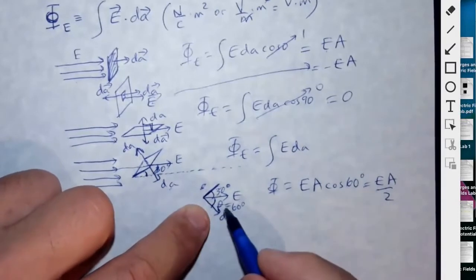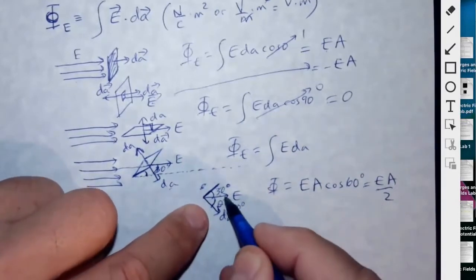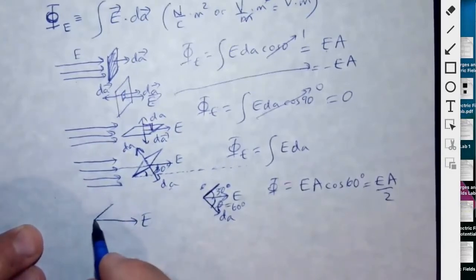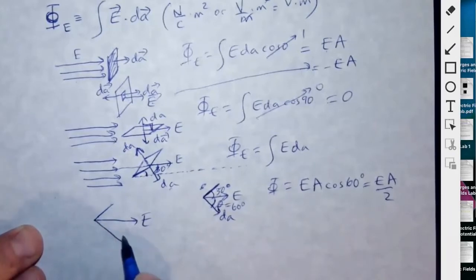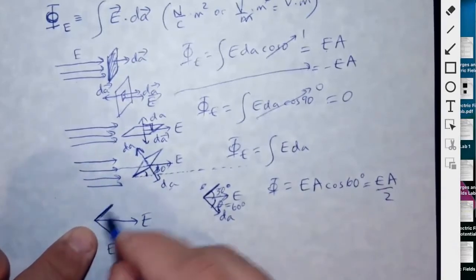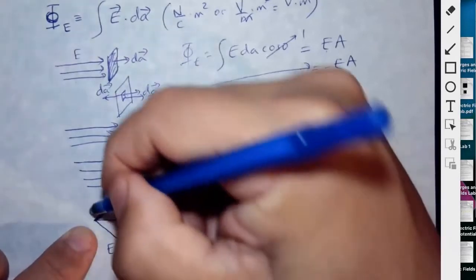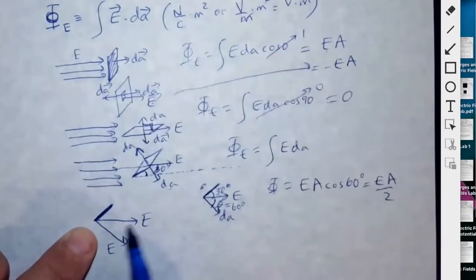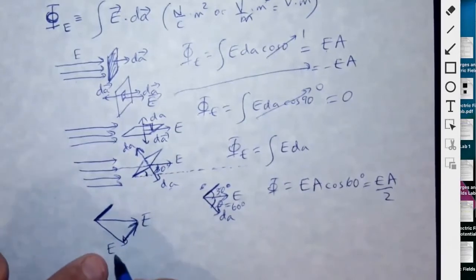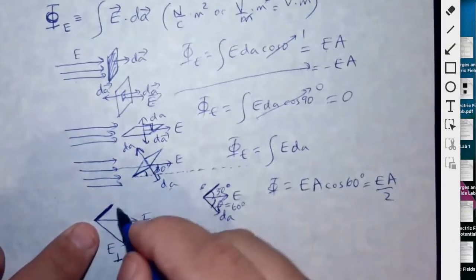The other reason why it's cosine 60 is, if you think about it, let's say this is E and this is the surface. It's actually this component of the electric field that's cutting through that surface. Imagine this is a paper or something. It's this component that's cutting through it. We can call this the perpendicular component of the electric field with respect to the surface.